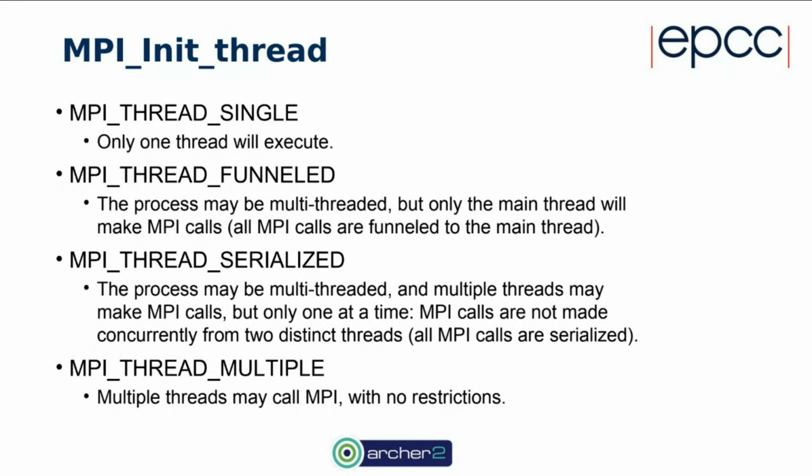The third is MPI_THREAD_SERIALIZED: my MPI processes may be multi-threaded and different threads may make MPI calls, but only one at a time, so I guarantee that I'm not going to make MPI calls concurrently from two distinct threads. The final one is MPI_THREAD_MULTIPLE, where multiple threads can call MPI without any restrictions.